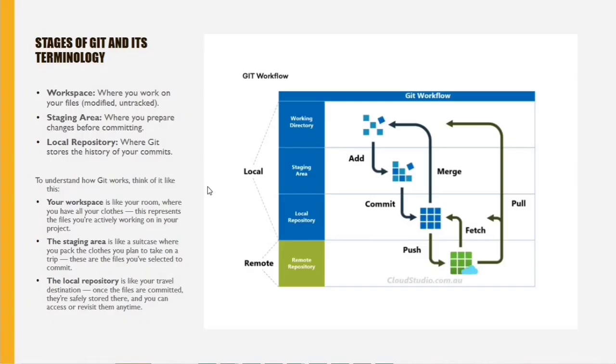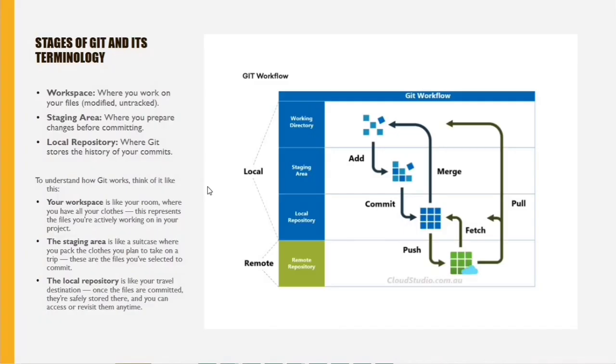The workspace is the place where you work on your files, modify them and write the code. The staging area is where you prepare the changes before committing, and the local repository is where Git stores the history of your commits.